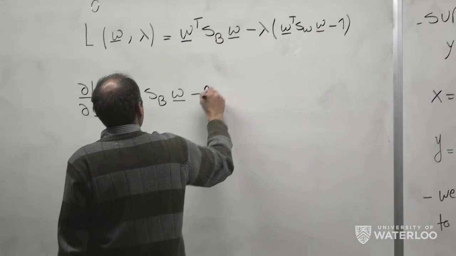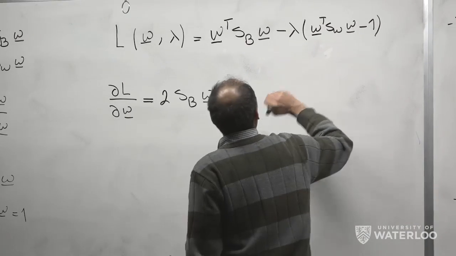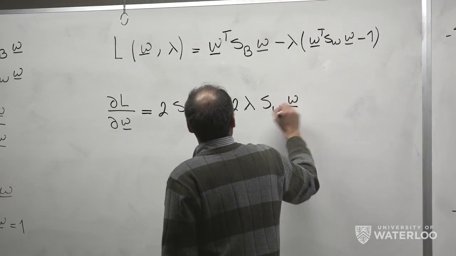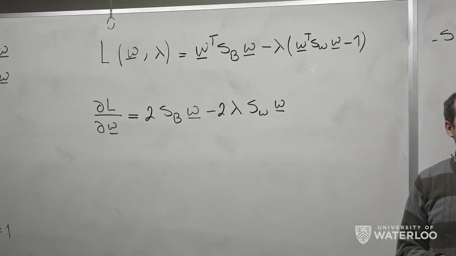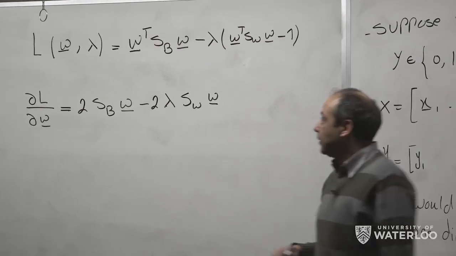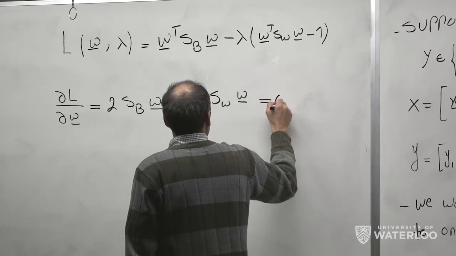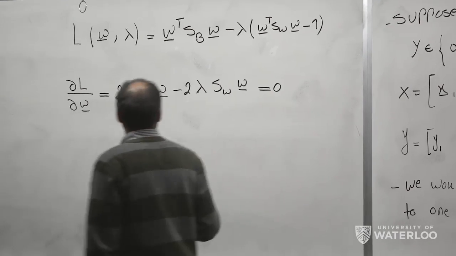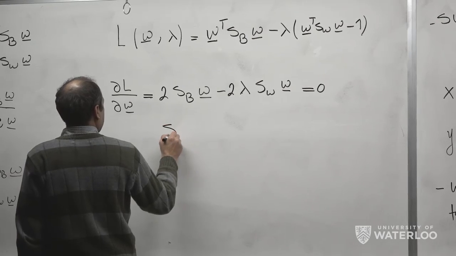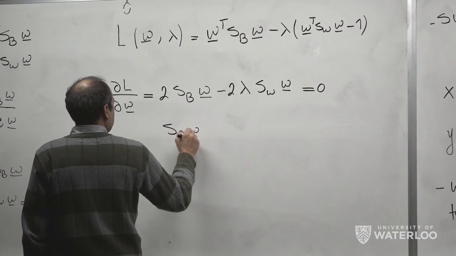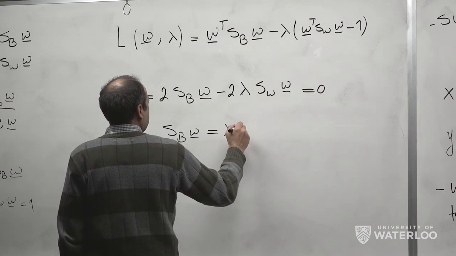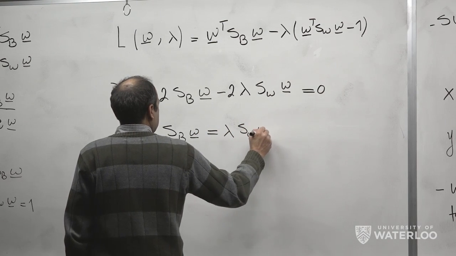It's 2 lambda SW W. Right? And this should be 0. So it means that SB W should be equal to lambda SW W.